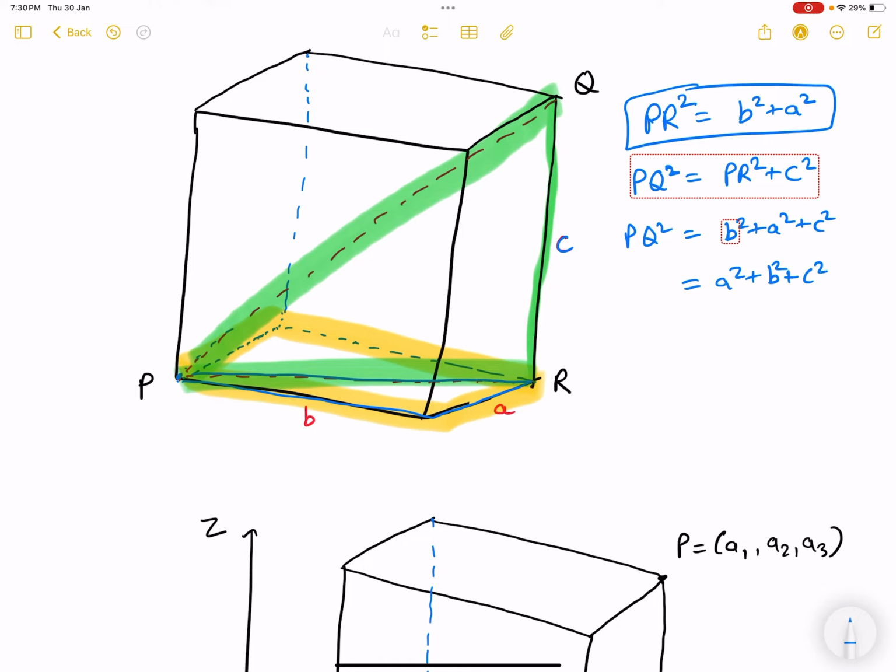So PQ becomes the square root of A square plus B square plus C square.